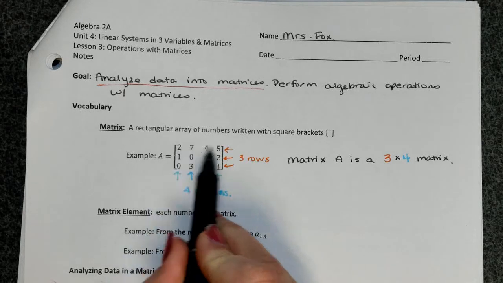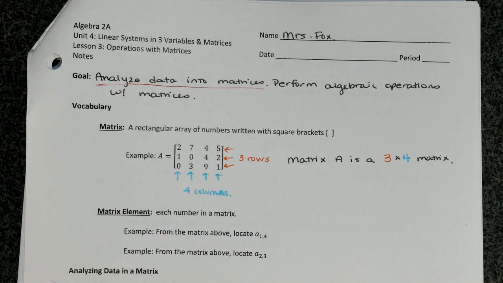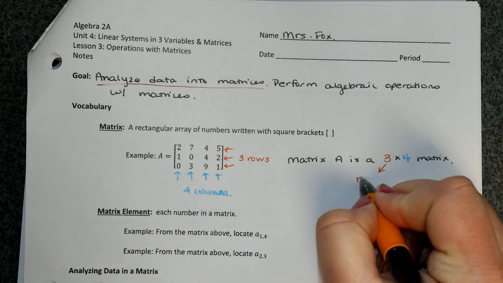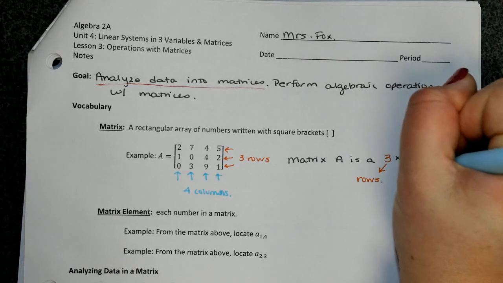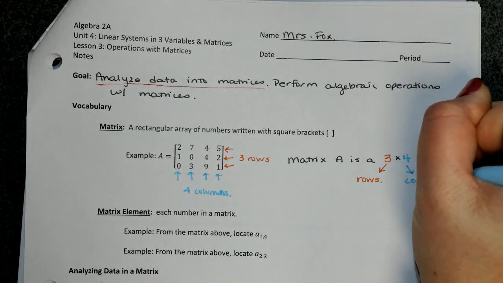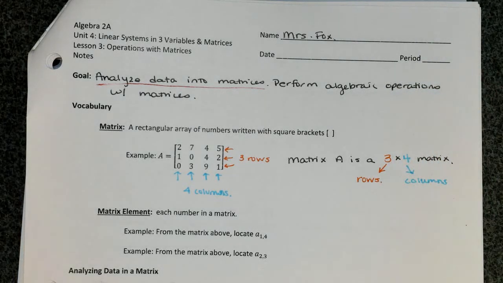You're always going to count the number of rows, and the rows come first. And then you'll count the number of columns, and that's the number that comes second. Now, order does matter. This is not a 4 by 3 matrix. It is a 3 by 4 matrix. And it's important that you're able to come up with that. Okay, there are a lot of points built in from now until spring break on quizzes that will all be having to identify dimensions. Okay.